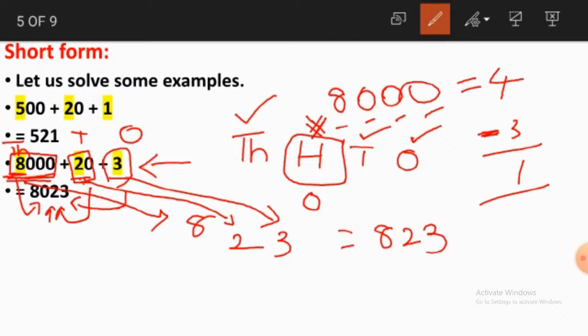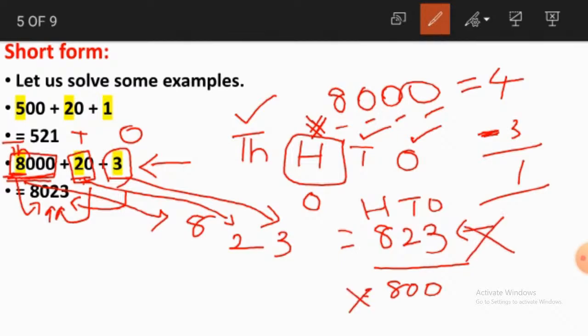Now what is the place value of 8 in this number? Let us check. Ones, tens, hundreds. The place value of 8 in our answer is 100, which is 800. Now the place value given in the question is 8000, which are not equal. So our answer is wrong.